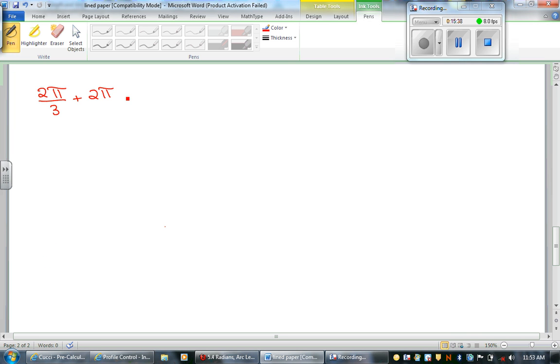Now we know in order to do this, we need a common denominator, which, since this is 3 and this is 1, it's going to be 3. So if I multiply this by 3, I have to multiply this by 3. 6 pi over 3. When I add these, 2 pi over 3 plus 6 pi over 3, I get 8 pi over 3.